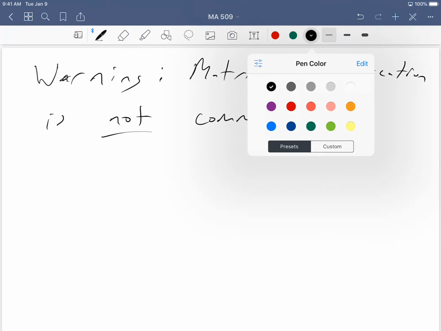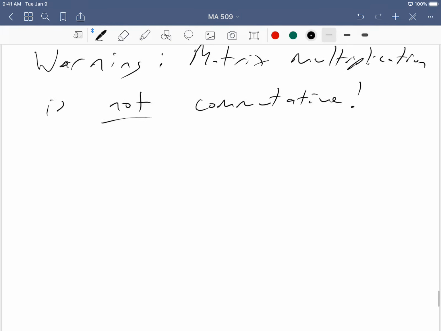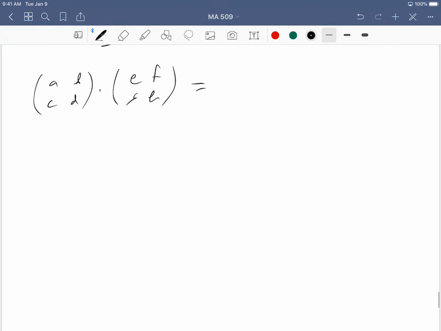And we can see this pretty easily if we go back and look at our A, B, C, D times E, F, G, H and figure out what that is versus if I did E, F, G, H times A, B, C, D.